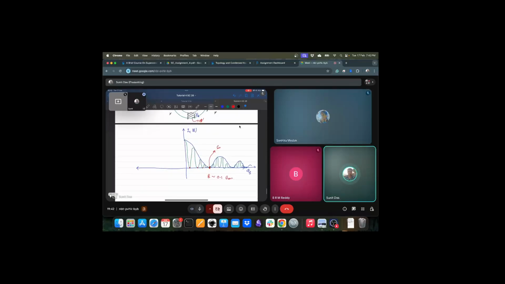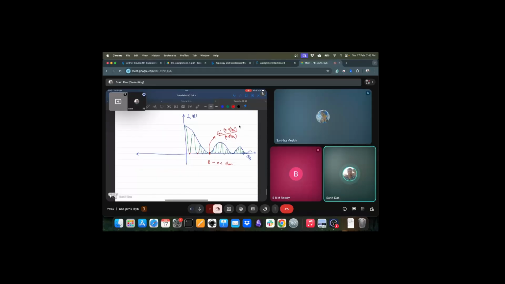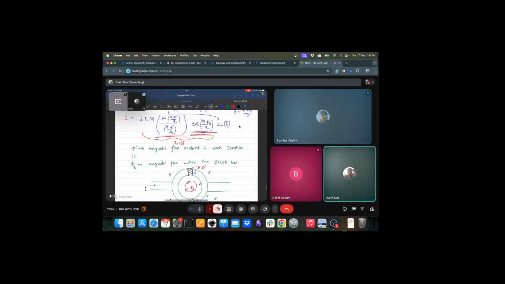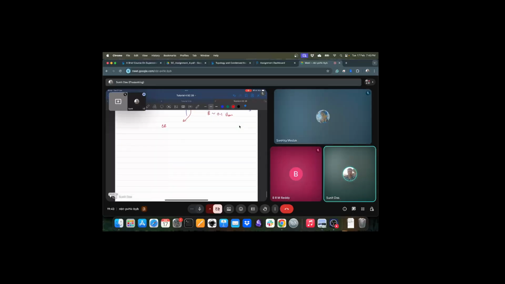So this minima is due to the sine of pi phi prime by phi 0, right? So these big minima are because of this, and these small minima are due to the cosine of this new term, pi phi b by phi 0.